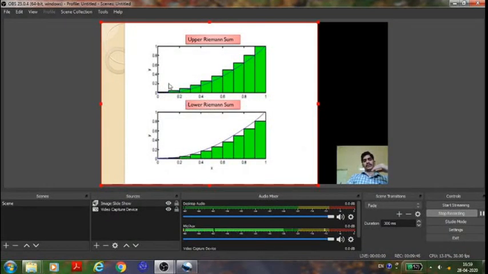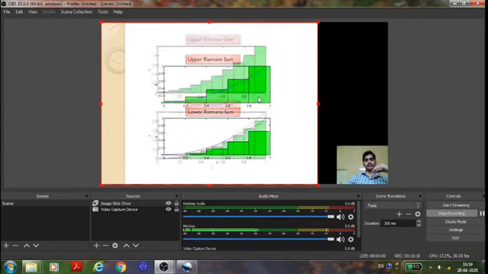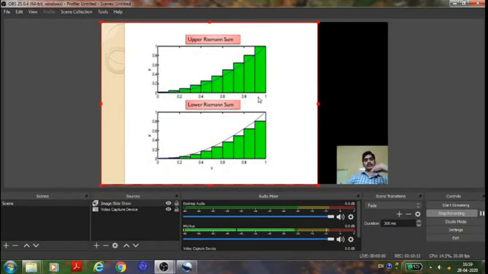Now if I partition the same interval 0 comma 1 into some more parts, say 10 parts, whereas earlier it was divided into 5 parts, then what will happen?